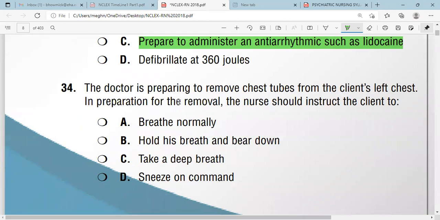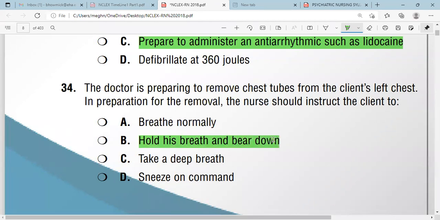In preparation for the removal, the nurse should instruct the client to do what? Number A, breathe normally. B, hold his breath and bear down. C, take a deep breath. D, sneeze on command. So the correct answer for this question is B, hold his breath and bear down, right?